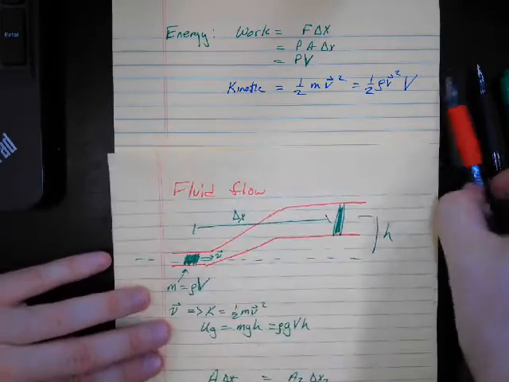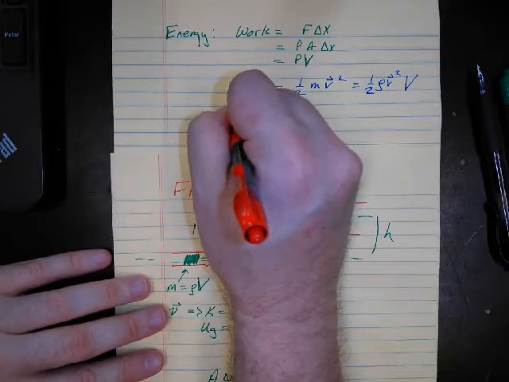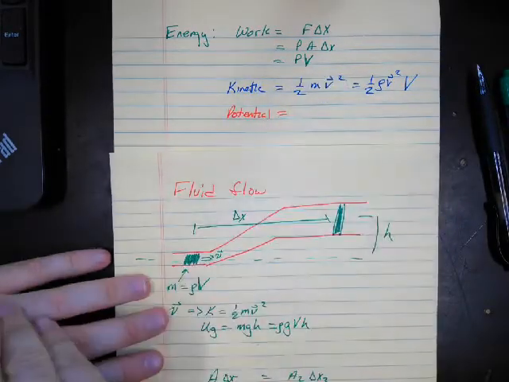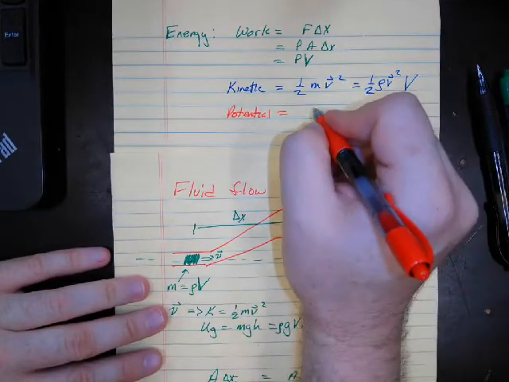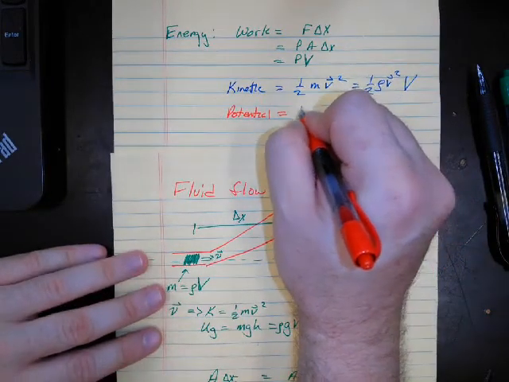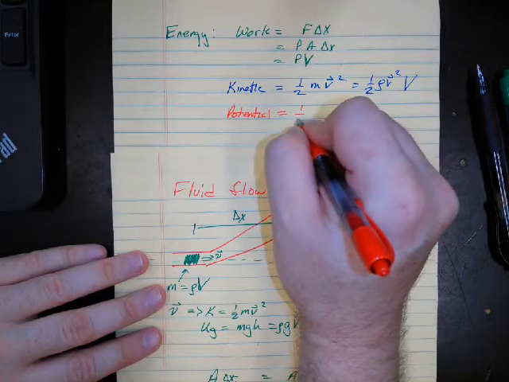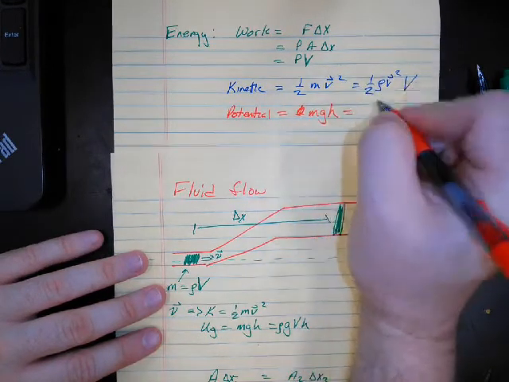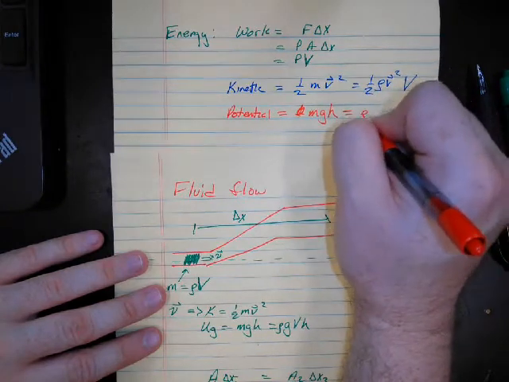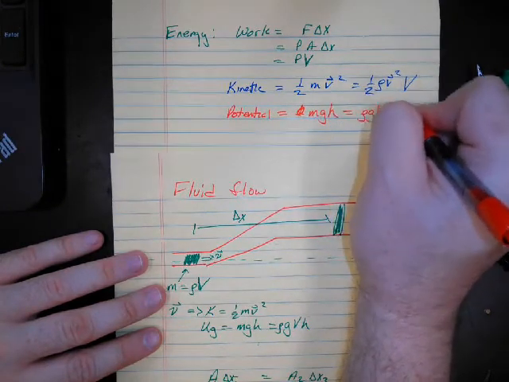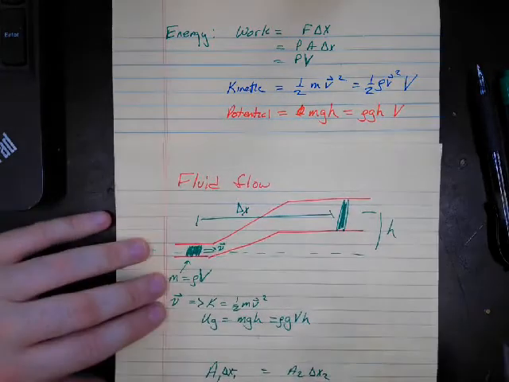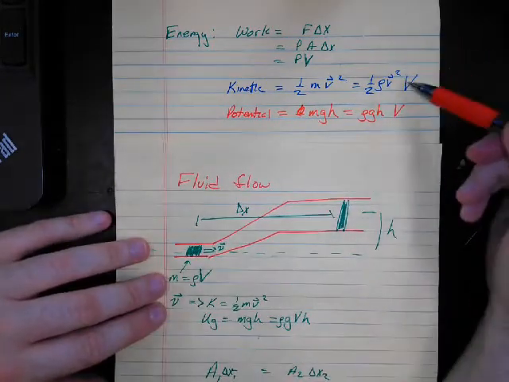And then there is the potential energy, which is mass times g times height, which is density times g times height times volume. Right. And so these things, you understand the kinetic and the potential.